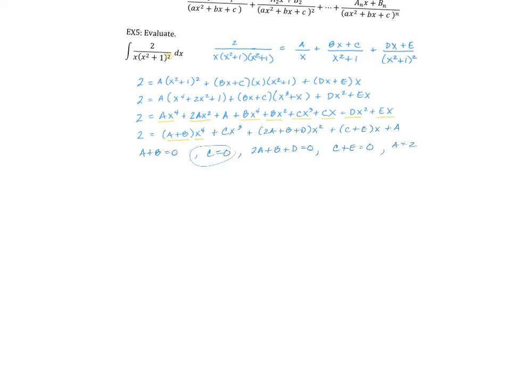So right away we have our C and we have our A. So notice in C plus E equal to 0, well, if C is 0, E has to be 0 as well. So once we got rid of all those parentheses, I guess it's not that bad. And now in this first equation, A plus B is equal to 0. I know that A is equal to 2, and B has to be negative 2.